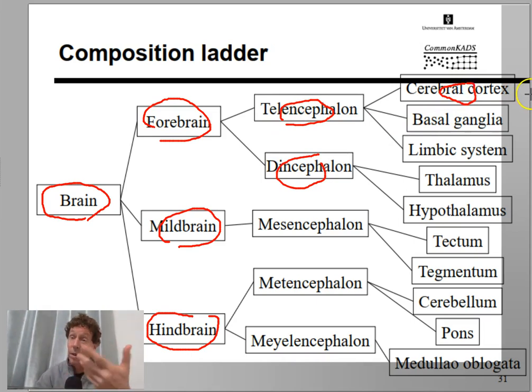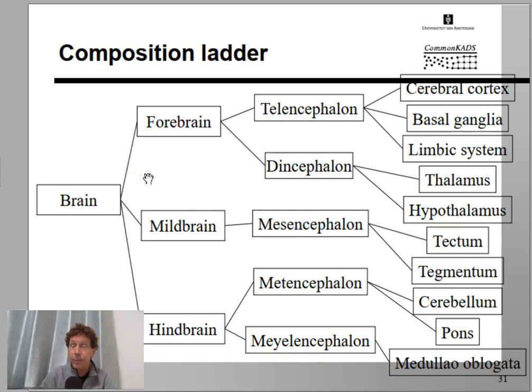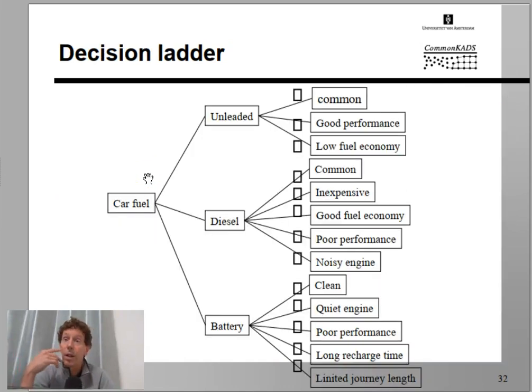So the cerebral cortex, the bit of the brain that distinguishes us from most other mammals, it is part of some other part that is part of the forebrain that is part of the brain. Right? So notice that this is a completely different hierarchy. Here we are making a part of hierarchy, whereas the previous one was a much more abstract decision criteria hierarchy. But we are using the hierarchy mechanism in both cases.